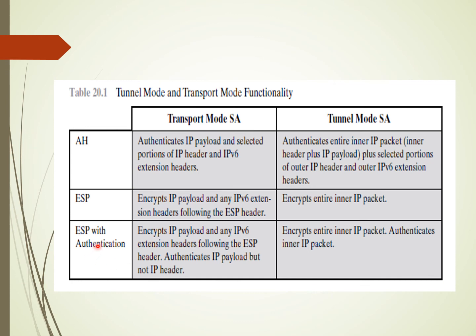For ESP with authentication under tunnel mode, it encrypts the entire inner IP packet, which consists of the original IP header and payload or data, and authenticates the inner IP packet. So this is the difference between transport mode and tunnel mode for the different protocols: AH protocol, ESP protocol, plus ESP with authentication.